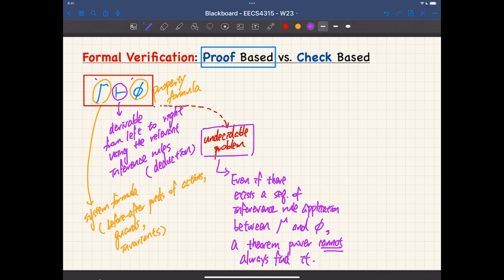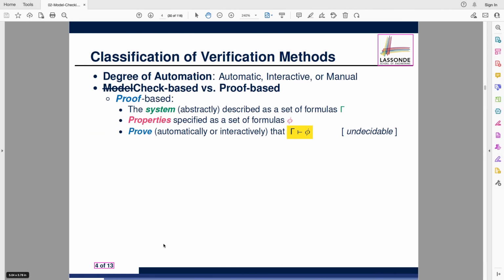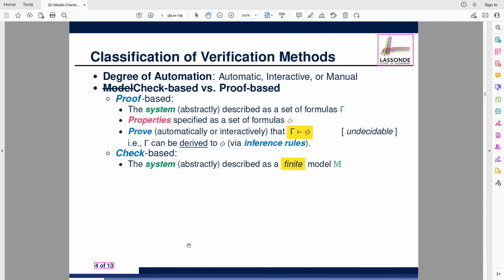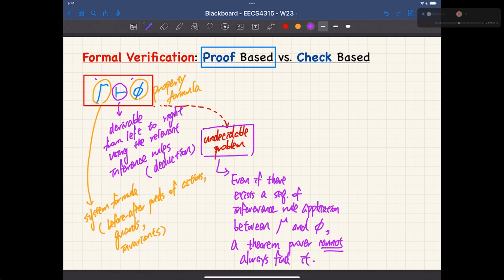And let's now go to the more relevant one, which is model checking. Check-based. And for check-based, let me see the symbols I used. Okay, M and phi. Let's now put them side by side.